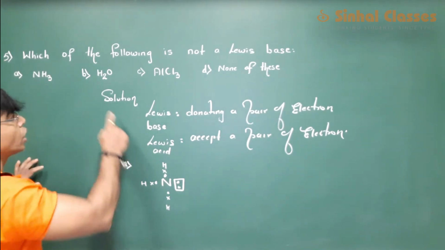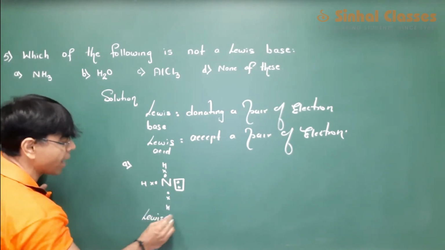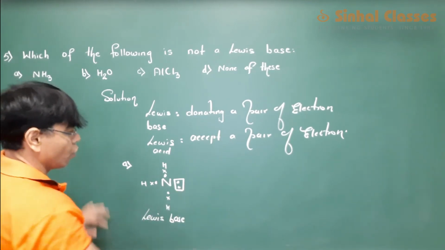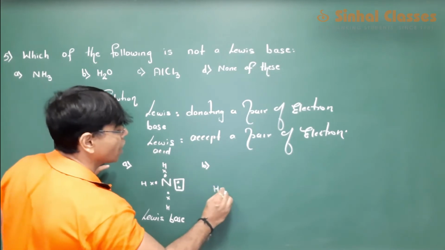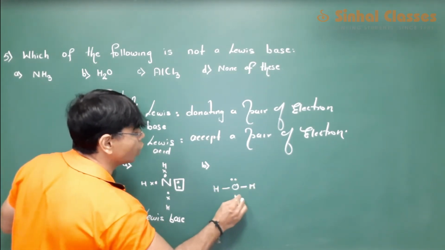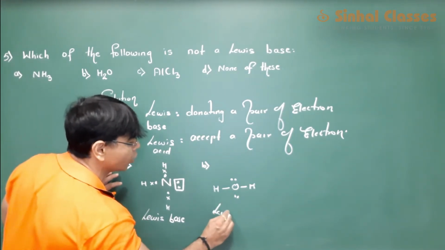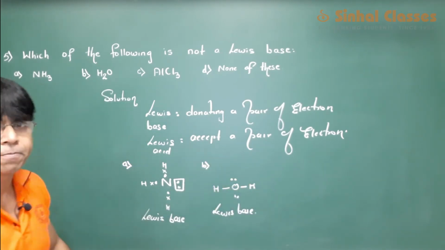So according to Lewis, ammonia is a Lewis base. What about the second option? B, water, HOH. Oxygen has 2 lone pairs. So again it is a Lewis base.